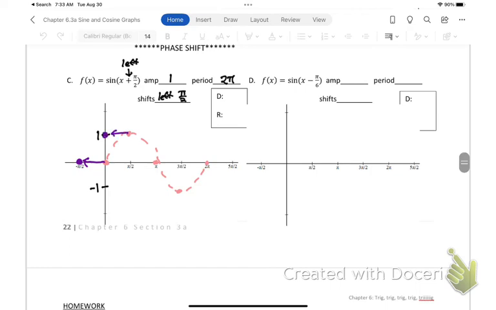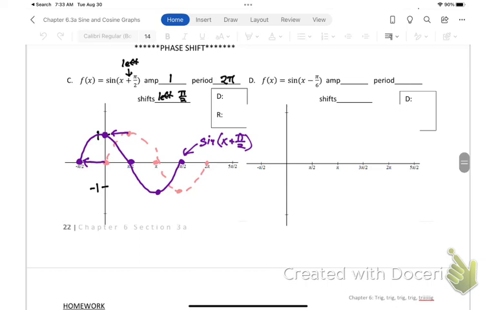Left pi over 2, left pi over 2, left pi over 2, left pi over 2, and that's it. That is our sine of x plus pi over 2. So my advice is just move this one and see how far it moved, and then just move them all that same distance. That way you're not constantly subtracting pi over 2 from stuff. So just see how far it moved and move everything that exact same distance.